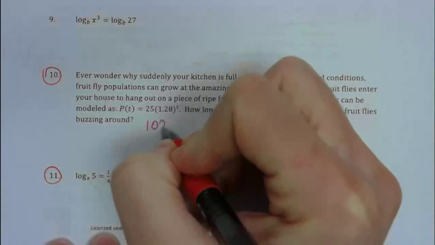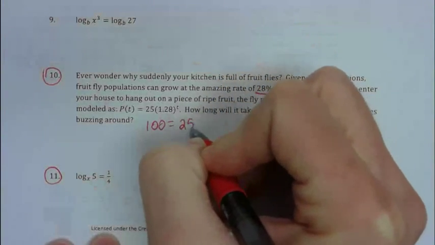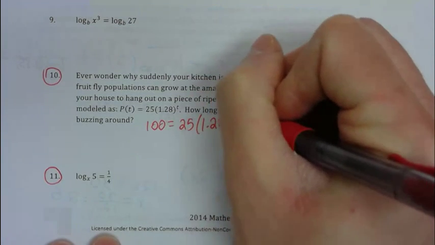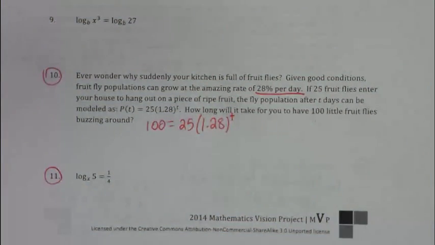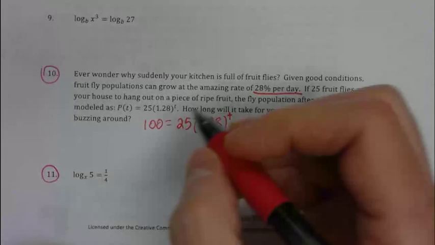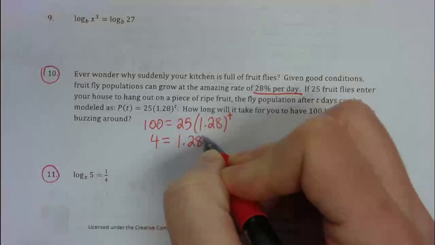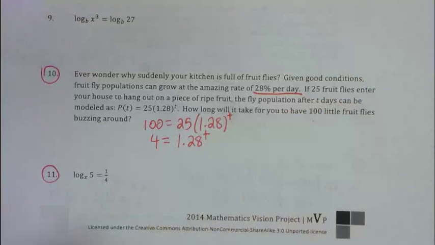So similar to our problem before, we can set it equal to 25 times 1.28 to the t. So I would divide by 25 on both sides, giving me 4 equal to 1.28 to the t. So we could do what we did before with our common base formula, but let's practice using logarithms on both sides.